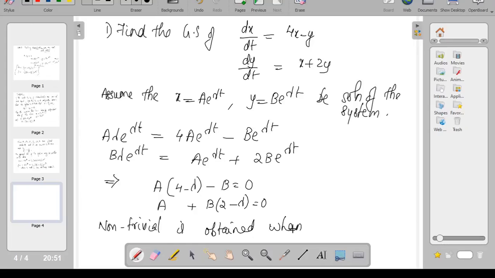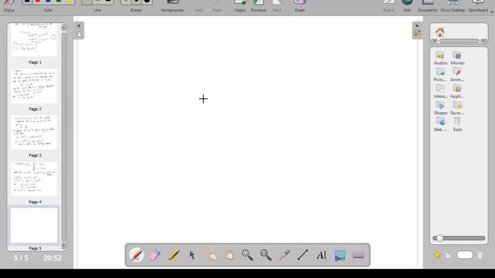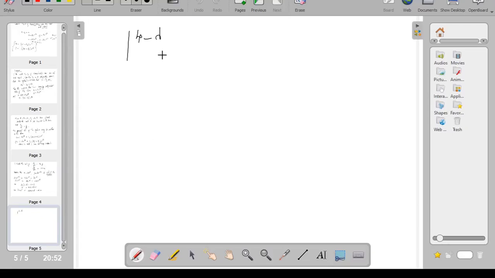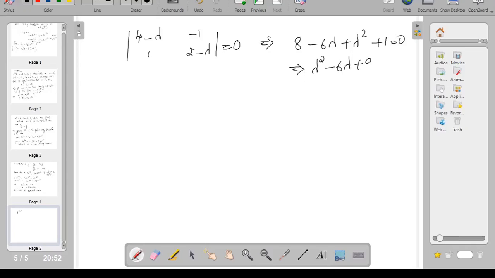So we have the determinant of 4 minus lambda, minus 1, 1 and 2 minus lambda. So that must be equal to 0. So you will get 8 minus 6 lambda plus lambda square plus 1 equal to 0. So that is lambda square minus 6 lambda plus 9 equal to 0. So the roots are 3, 3. So the roots are real and equal.